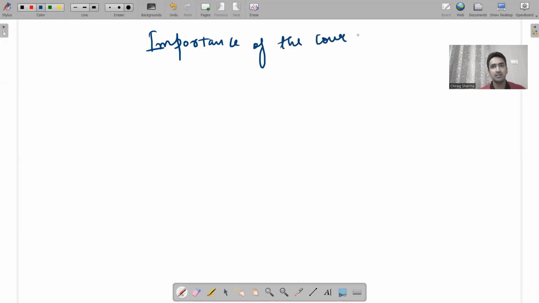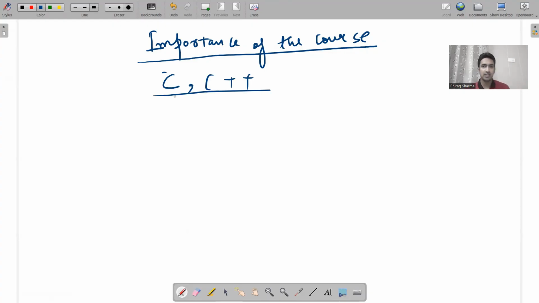So I'll just take a basic example. As you might have studied about C language, C++ language. When I talk about the C language and C++ language, understand what will be the important aspects of programming. When I talk about programming, I must understand this fact that there are many strings which are recognized by C as well as C++.